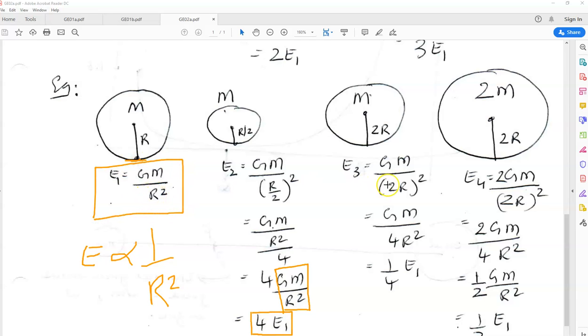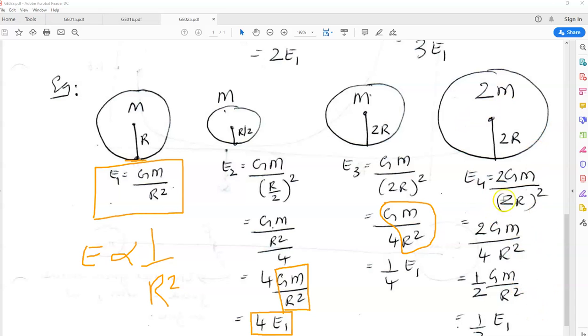Here the distance is 2r, so to find the gravitational field on the surface, you put (2r) square, which becomes 4r square. Compared to GM by r square, the gravitational field strength of the standard mass, this becomes 1/4 times E1. So by doubling the distance, the gravitational field will reduce to a quarter.